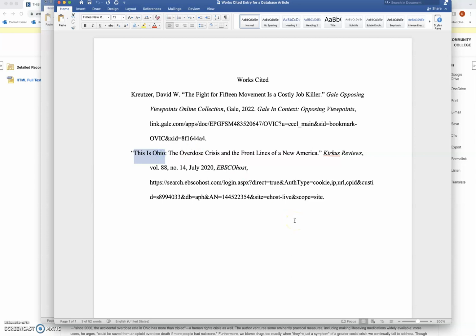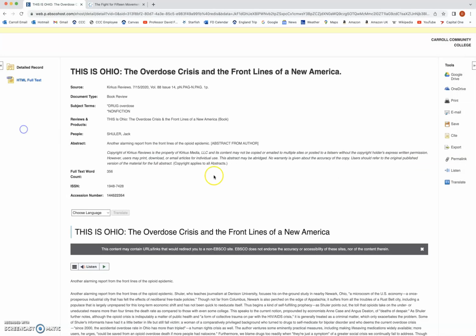So what do we do there? Well, one thing for sure is we've got to match the first words of this entry somewhere in our in-text citation, right? So let's pick out a quote and see how we can make that happen.